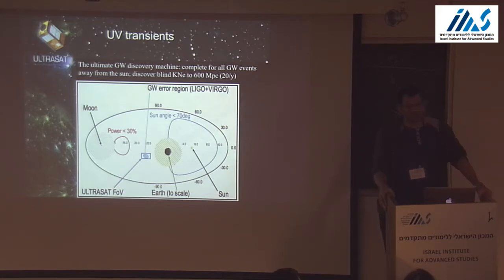We solve this, if you are a little bit, for example, familiar with Swift. Swift also has these rapid observations, but the problem with Swift is that it has a single ground station, and it goes around the Earth every 1.5 hours. So sometimes there's data on the satellite, and you know what observations have been taken, but it will take at least 1.5 hours and sometimes several hours until it is downlinked to the ground station. And this is because it's in low Earth orbit.